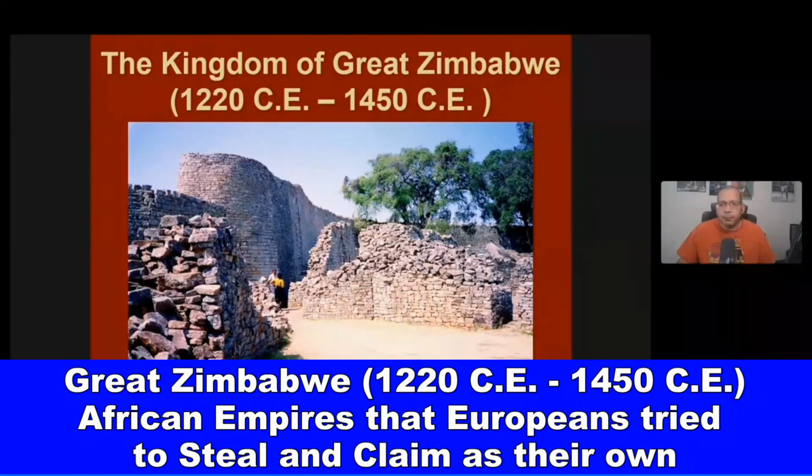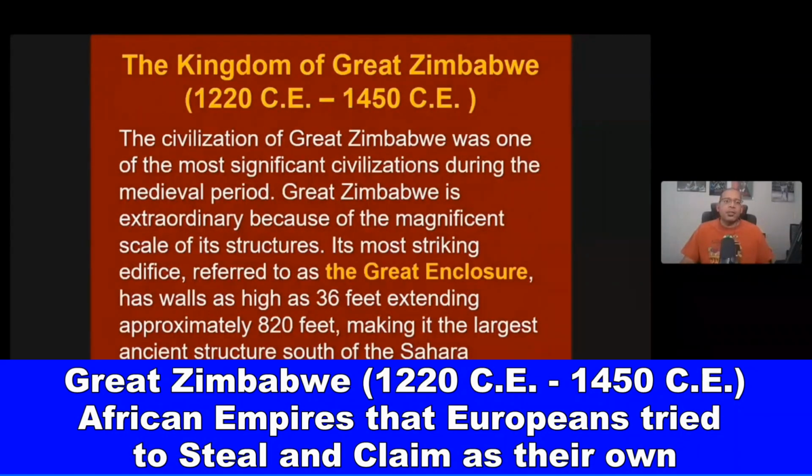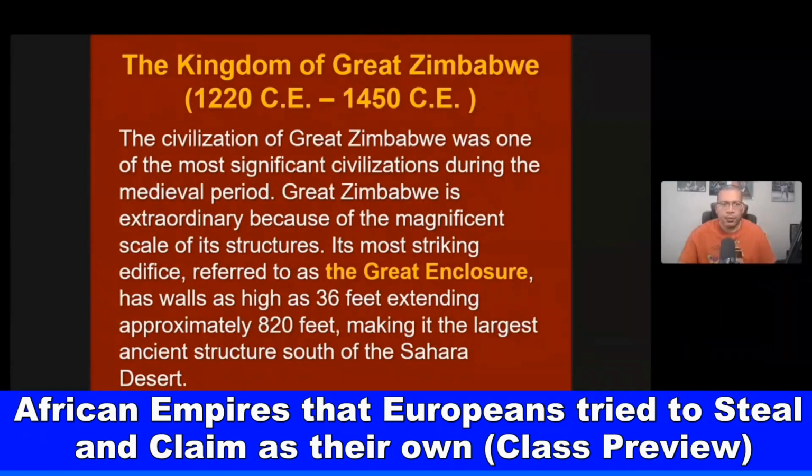All right, let's continue here. Now, the civilization of Great Zimbabwe was one of the most significant civilizations during the medieval period. Great Zimbabwe is extraordinary because of the magnificent scale of its structures.